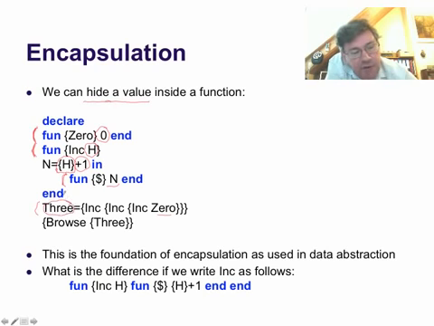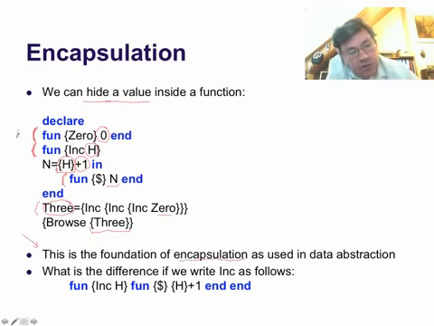So 3 is a function that hides the number 3. If we do browse of a call to 3 with no arguments, we will display 3. So you notice that the functions are hiding things inside them. This is the foundation of encapsulation. This is a trivial example, but it's going to become much more important when we combine it with other techniques and use it in data abstraction.